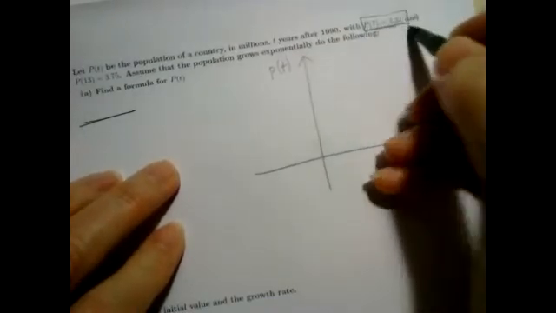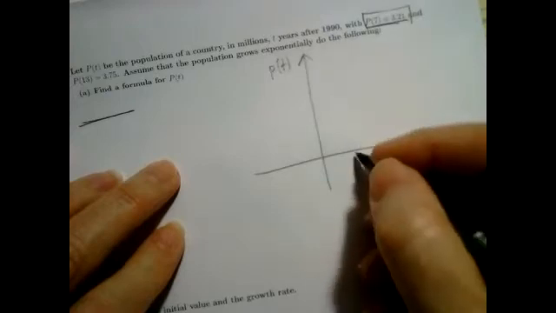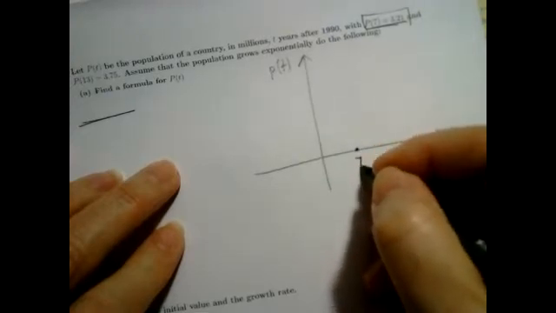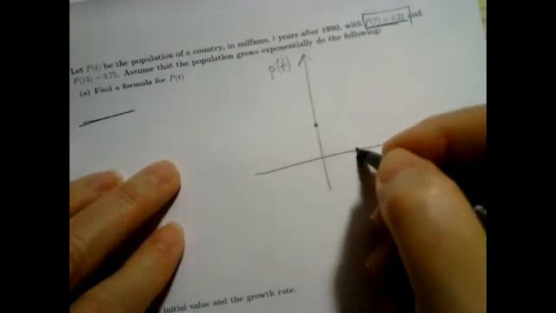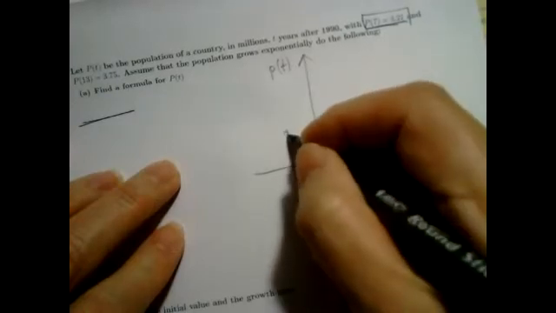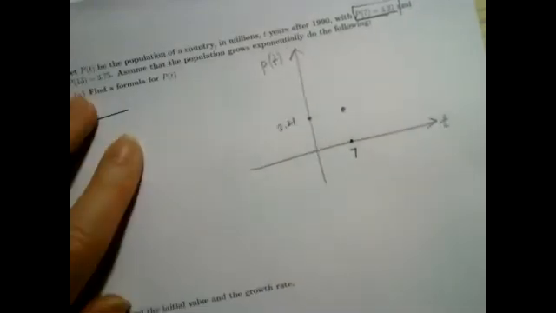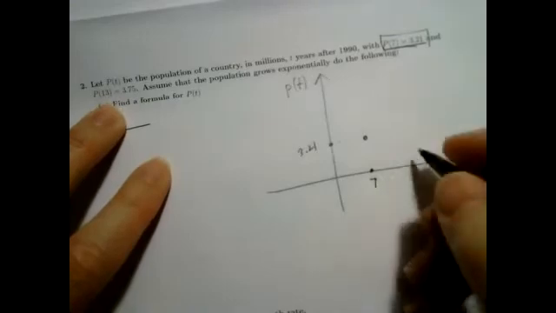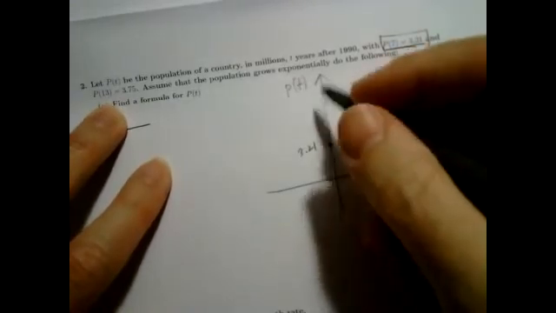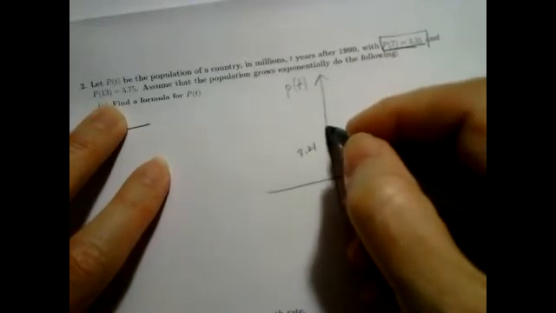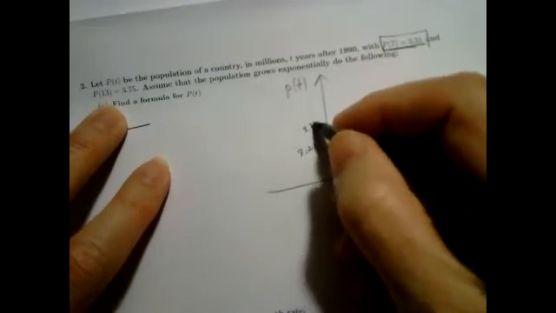At T equal to 7, P of 7 equals 3.21, it means if T equals 7, the population is 3.21 million. If T equals 13, the population is 3.75. So it grew a little bit.